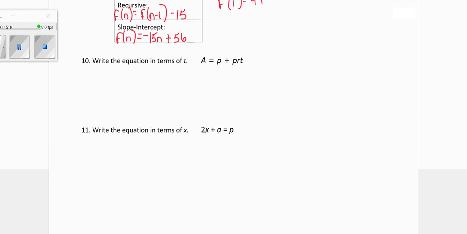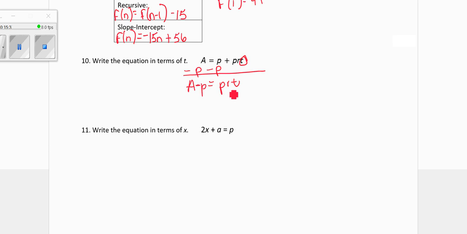Okay, number 10, write the equation in terms of t. a equals p plus prt. So I want to solve for t, so I know I need to get rid of p first. So I'm going to subtract p from each side. I'll have a minus p equals prt.